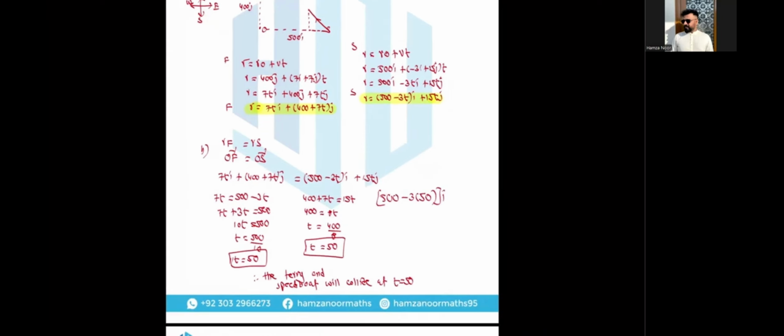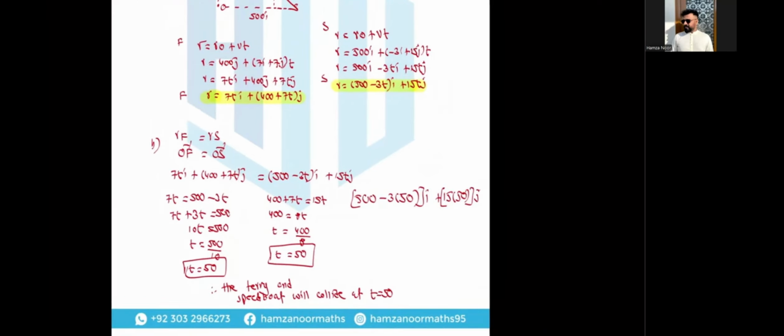We also need to find the position vector of the point of collision. So either you can substitute t is equal to 50 into the position vector of the ferry or the speedboat. I'm going to substitute this into the position vector of the speedboat. You can substitute it into the ferry. So 500 minus 3 times 50, this is basically the i component, and the j component is 15 times 50. In this way, we will get the point of collision.